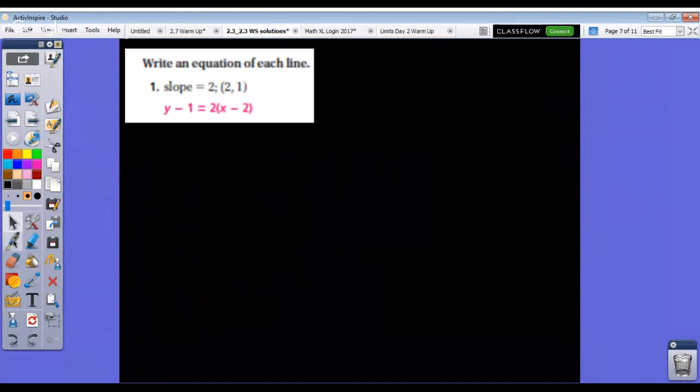All right, this time, I think we're moving on to 2.4. Slope and a point. A reminder, point-slope form is y minus y1 equals m times x minus x1, where x1 and y1 are the point and m is the slope. For starters, they give us that the slope is 2.